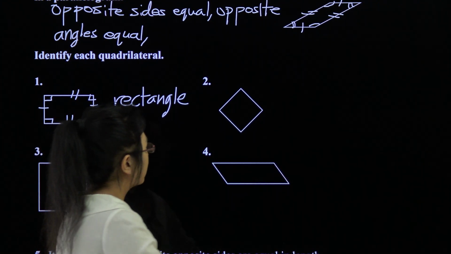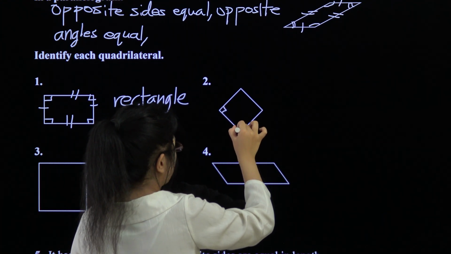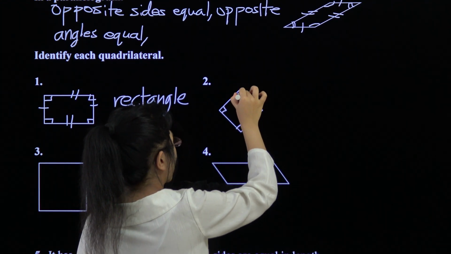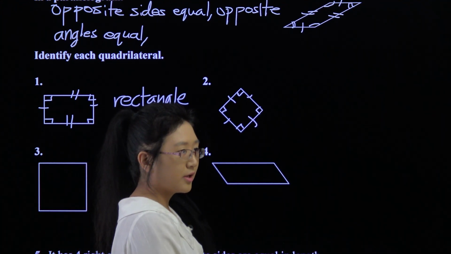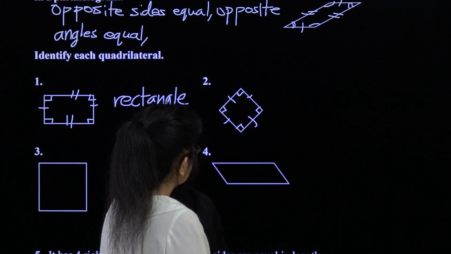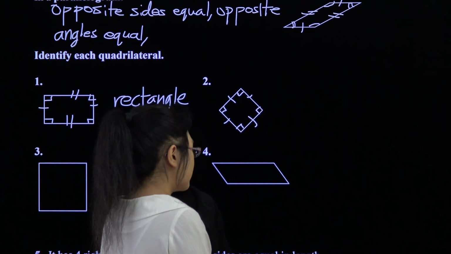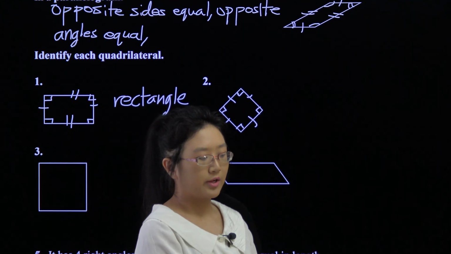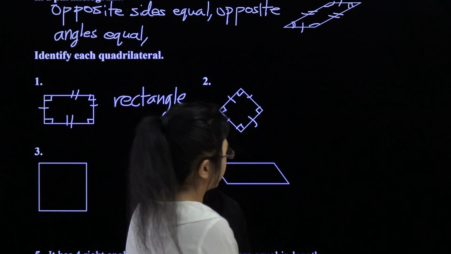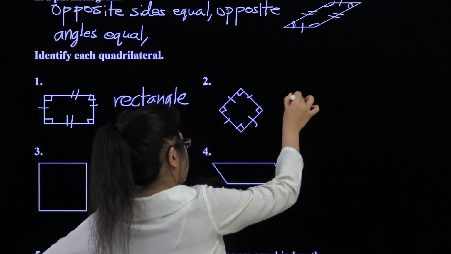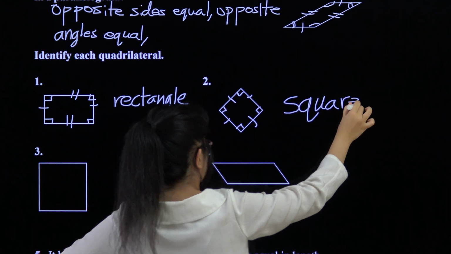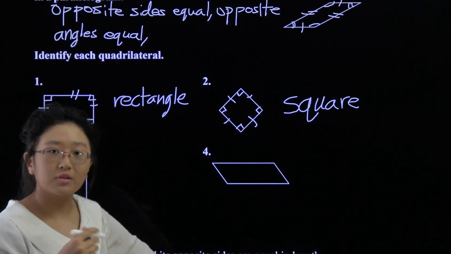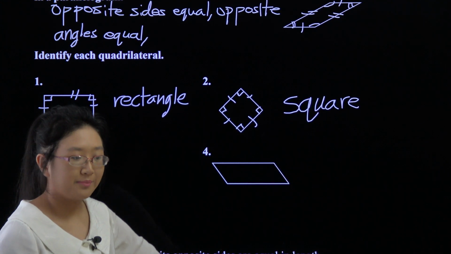Here, it's also 4 right angles and all the sides are equal. Well, more like except all the sides are equal. Technically, the opposite sides are still equal here. So specifically, this is a square, but technically it's also a rectangle, and it's also a parallelogram.